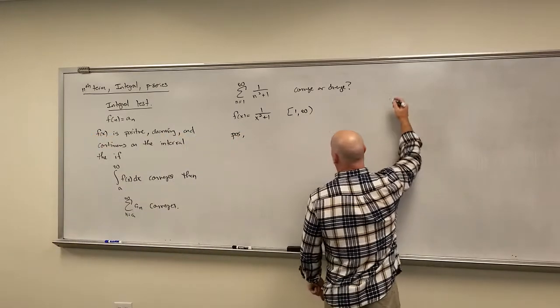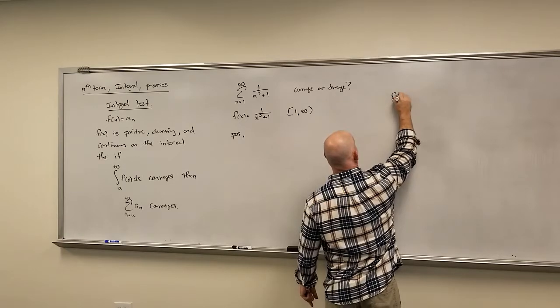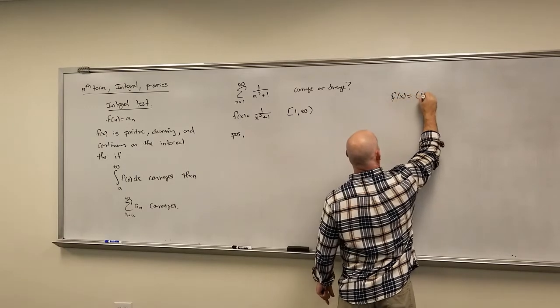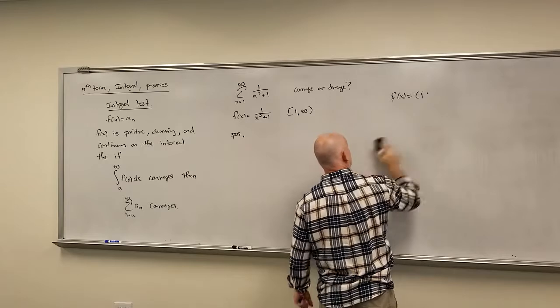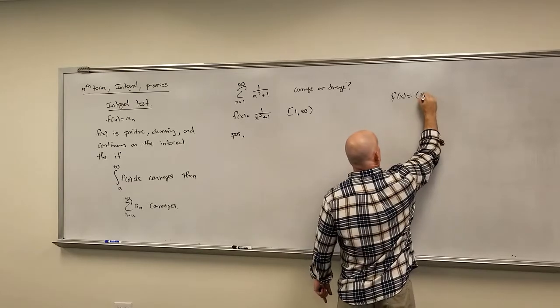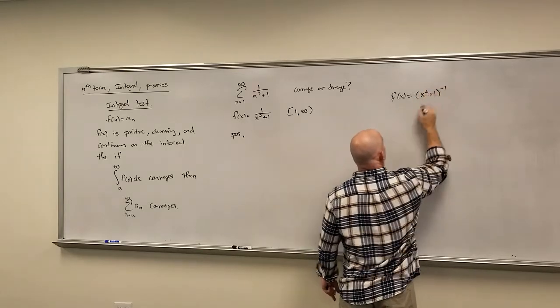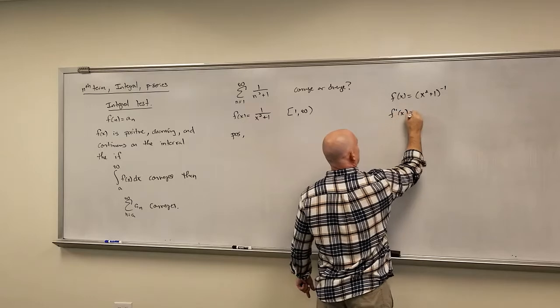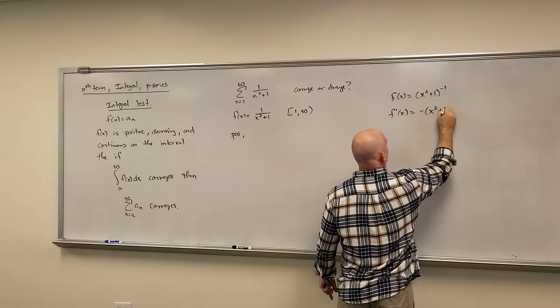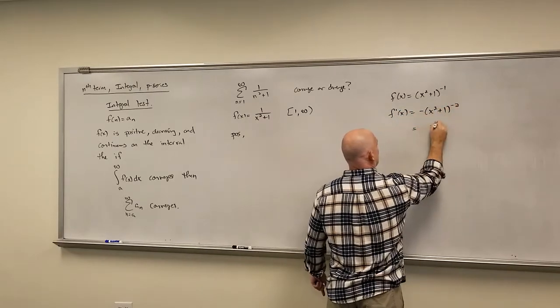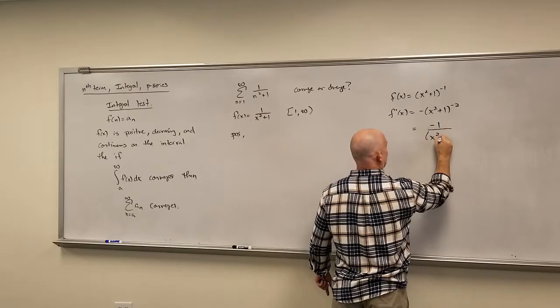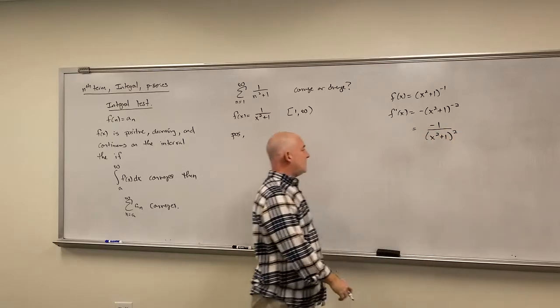The easiest way to do that for most of our examples is going to be taking a look at the derivative. So if I take a look at f, I'm going to write f of x as x squared plus 1 to the negative 1. F prime of x would be negative x squared plus 1 to the negative 2, or negative 1 over x squared plus 1 squared.